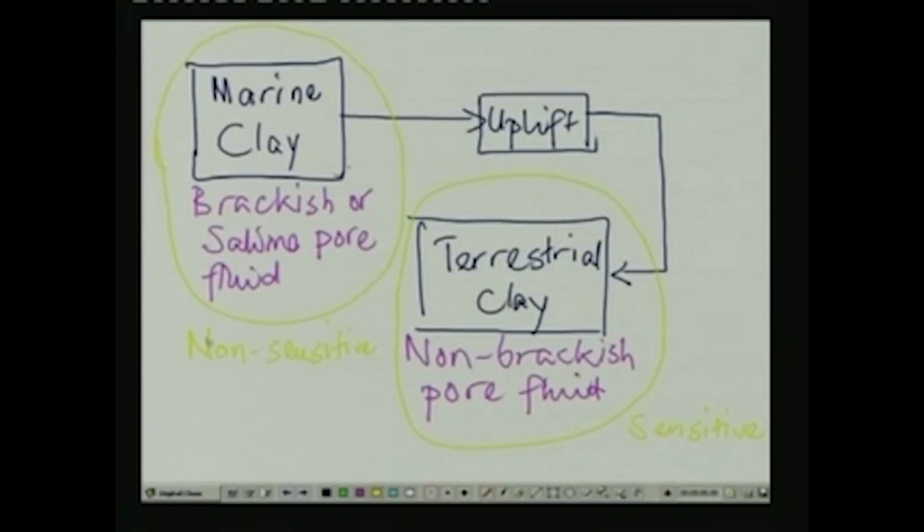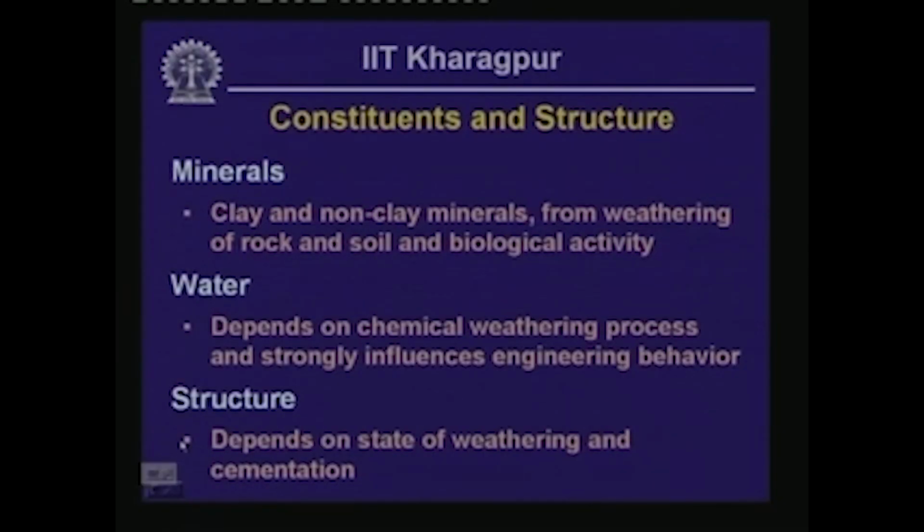So this one here is a non-sensitive clay, whereas the one at the bottom may have a sensitive structure. So that is another example of development of sensitive structure because of chemical changes. Okay.